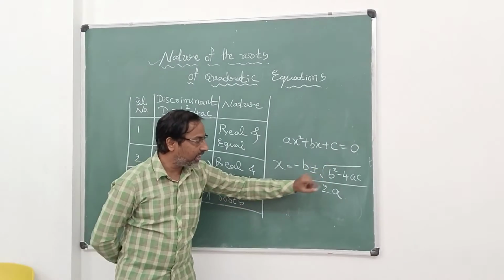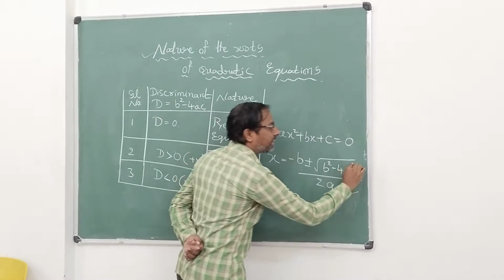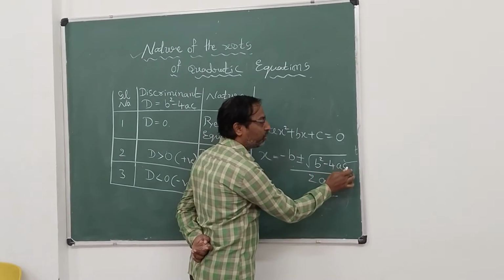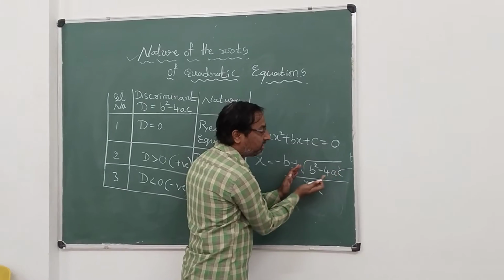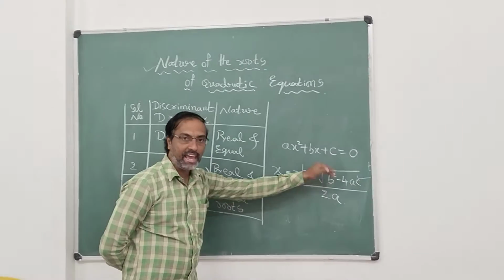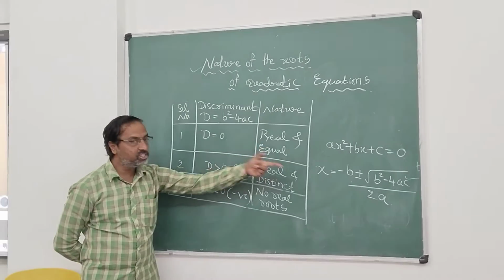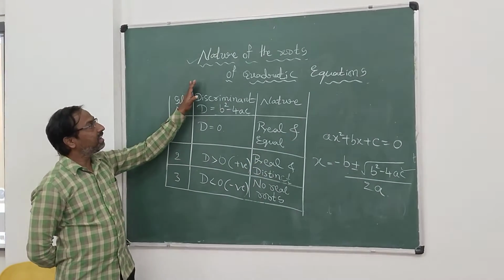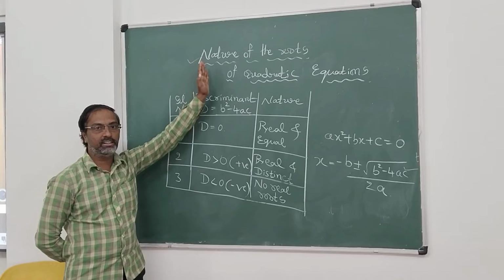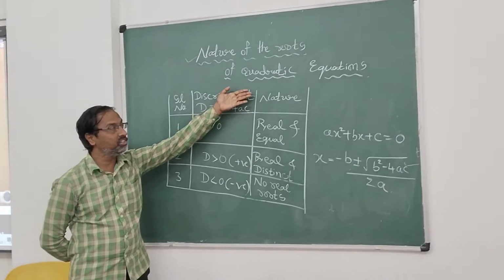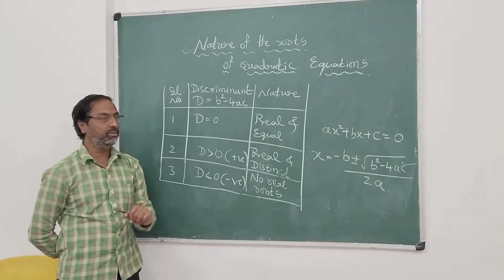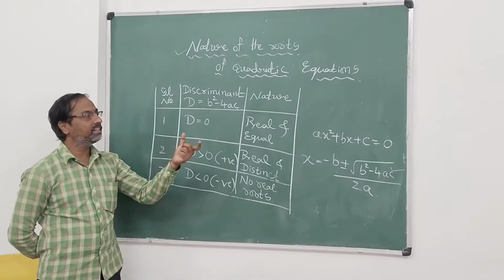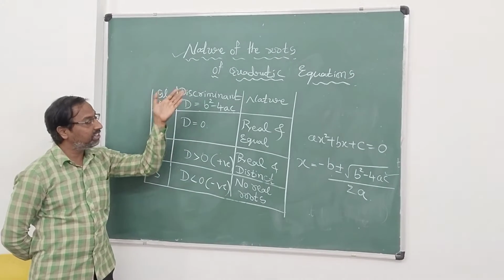In this formula, especially the factor b square minus 4ac has a certain special character, and by it we can find the nature of the roots. So what are the natures?